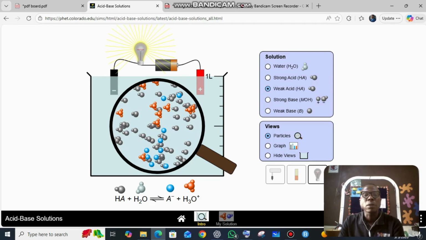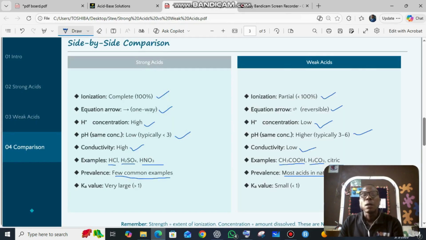Why? Because they ionize partially. And because they ionize partially, electrons will not flow easily and the bulb will not glow brightly. So these are the differences between strong and weak acids. As you can see, strong acid conducts better, with higher conductivity than weak acid.